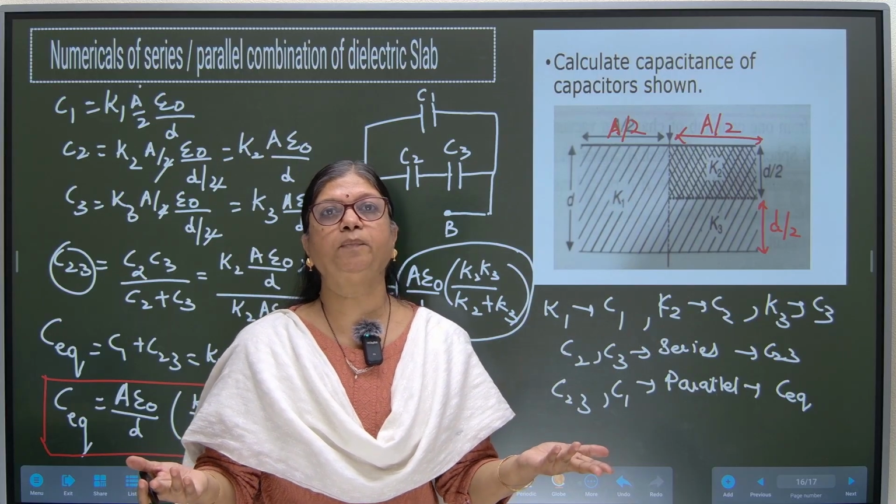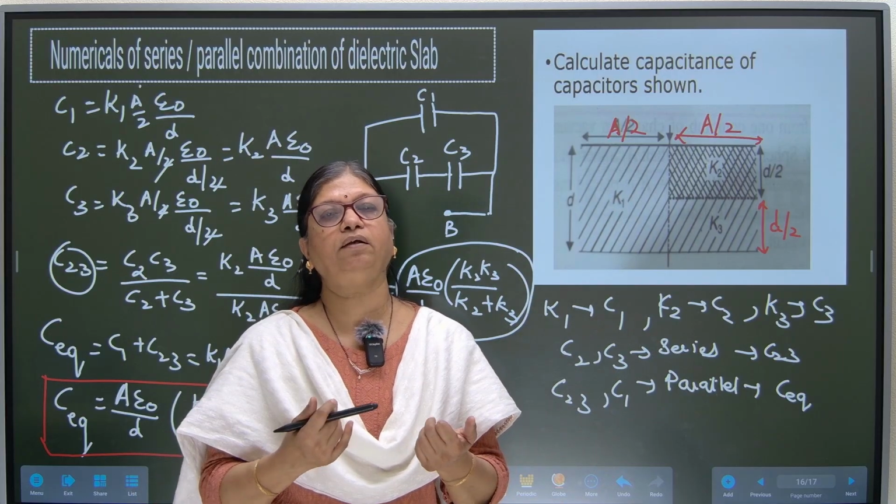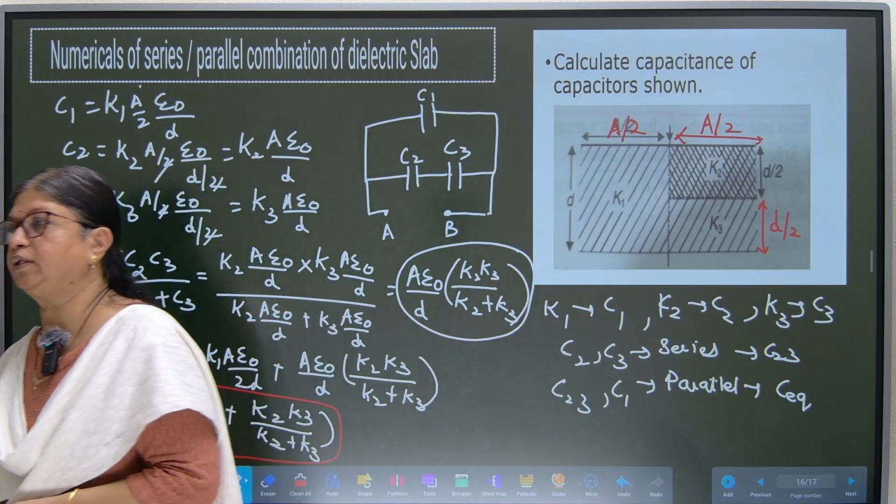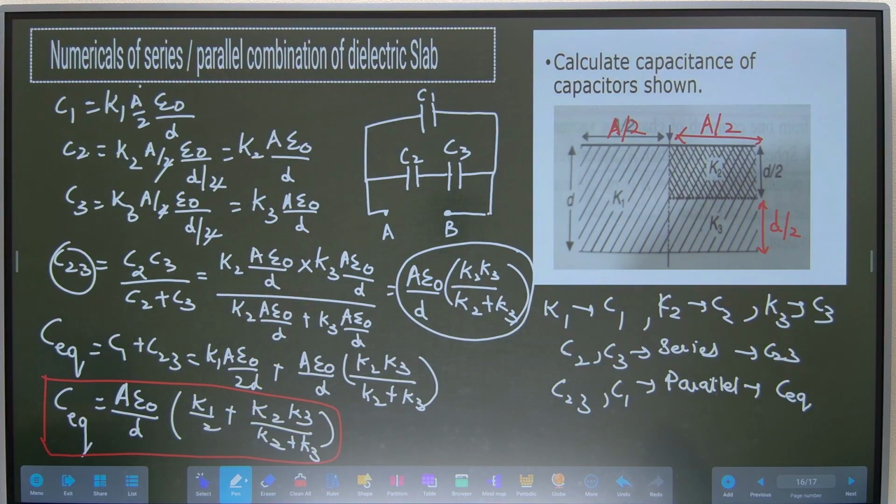Then you know the formula of series and parallel. Go ahead and complete your maths. I hope you have understood very clearly. Take a pick and solve it by yourself. Such questions are asked in board and in the entrance examinations also.